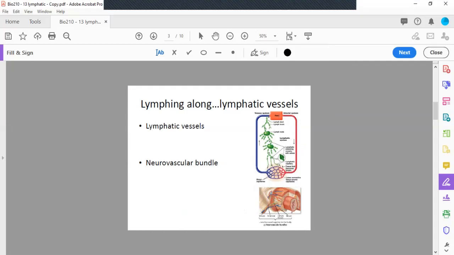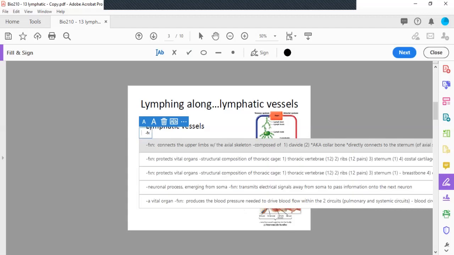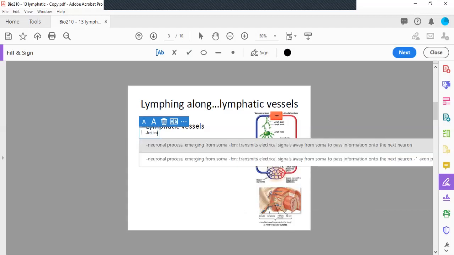So I mentioned the word lymphatic vessels, and I did tell you guys the different types of lymphatic vessels. But before I repeat that, I want to make a little note on this. A lymphatic vessel is, function-wise, involved in transport.